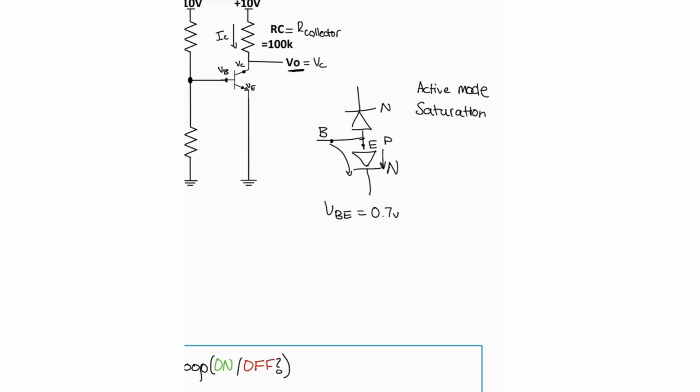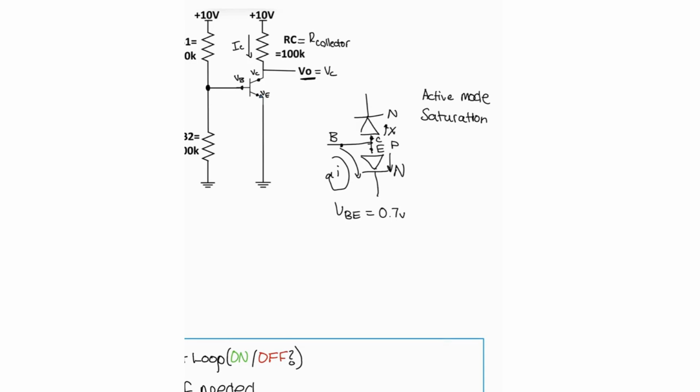But the base to collector is going to be in reverse bias, meaning there's no current flowing this way, just through this input loop. And this voltage here has to be greater than 0.7 volts to overcome the voltage threshold of a diode in order to have current flow through this device.